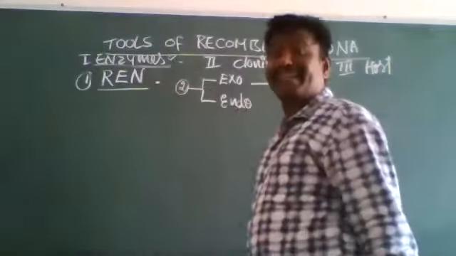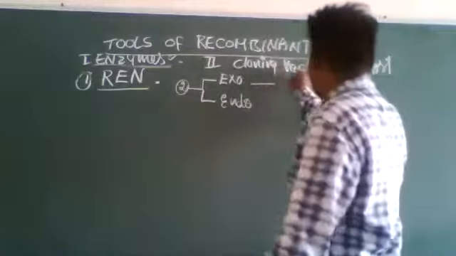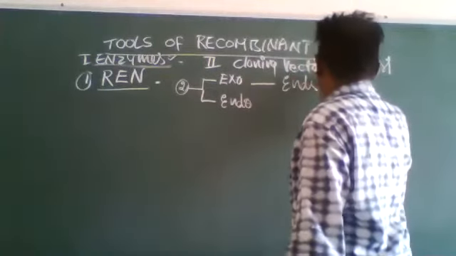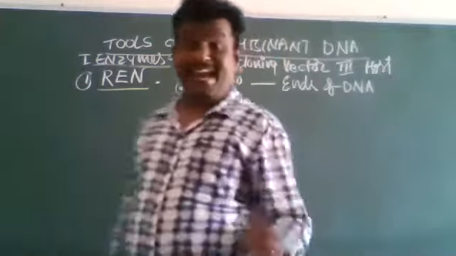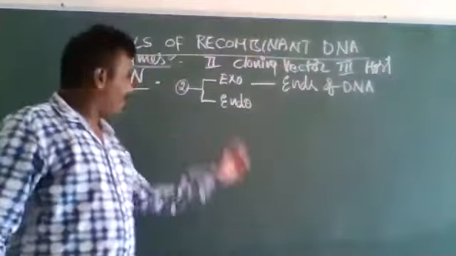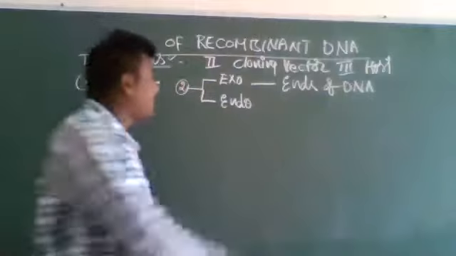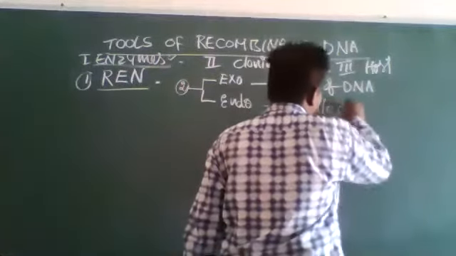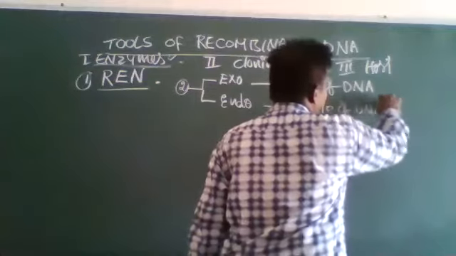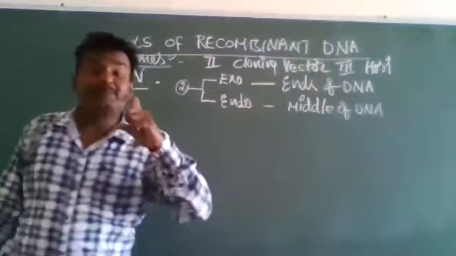Exonuclease enzyme can cut the DNA at the ends of the DNA, whereas endonuclease can cut the DNA in the middle at specific locations.